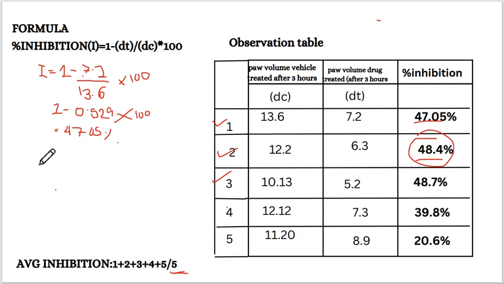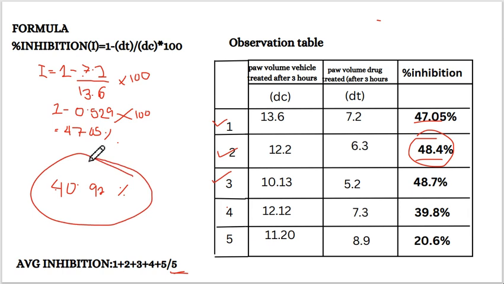After dividing by 5, I'll get the answer as 40.92%. So this is my real answer. Okay, this is the inhibition of the anti-inflammatory response when the drug celecoxib is treated.